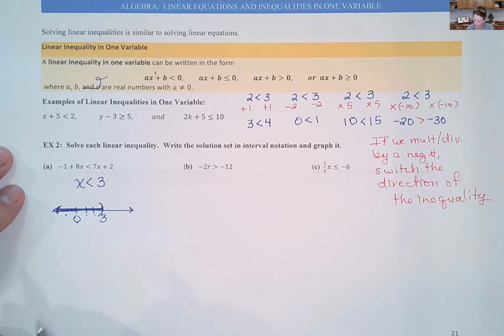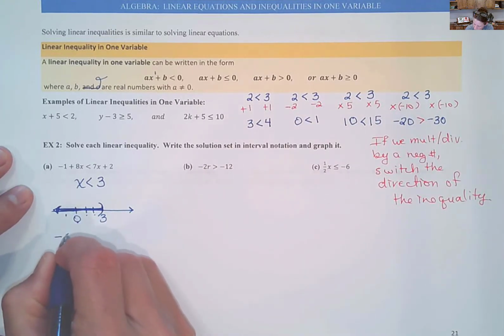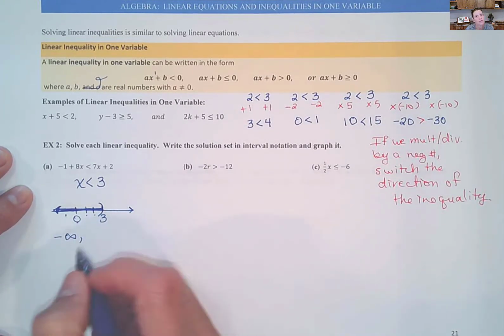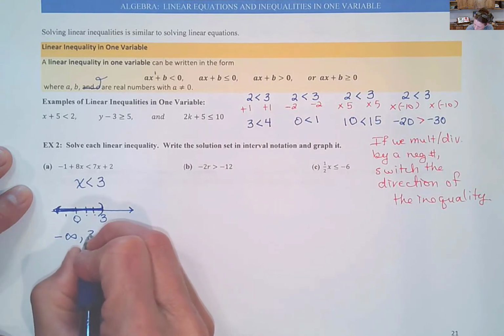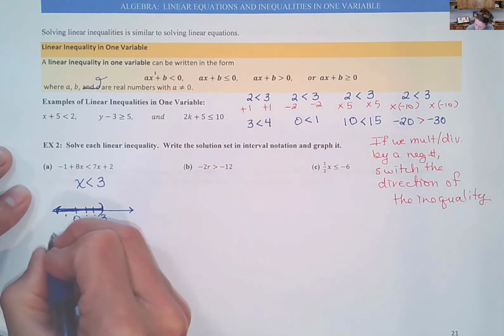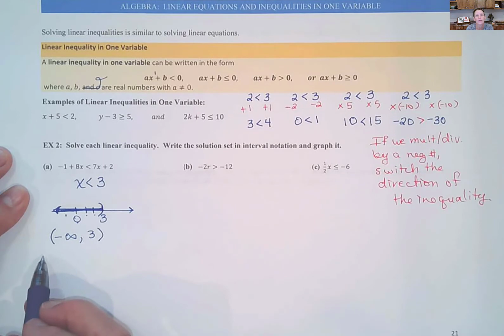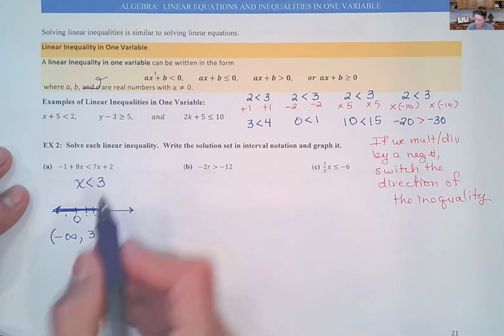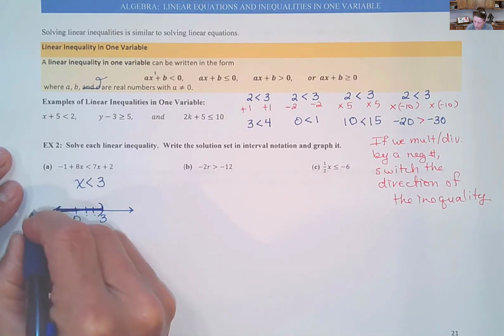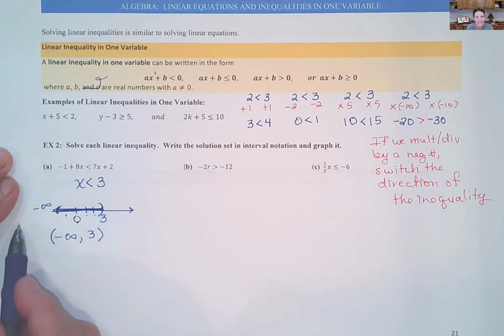In interval form, we would say this solution set includes all numbers from negative infinity to 3, 3 not included, and we never include an infinity symbol, whether positive or negative, because it's not a stopping place, it's a direction, okay? And this arrow of our graph is going in the direction toward negative infinity.